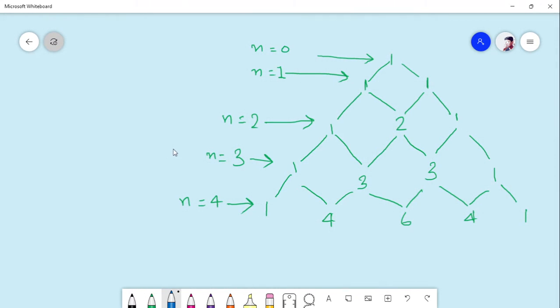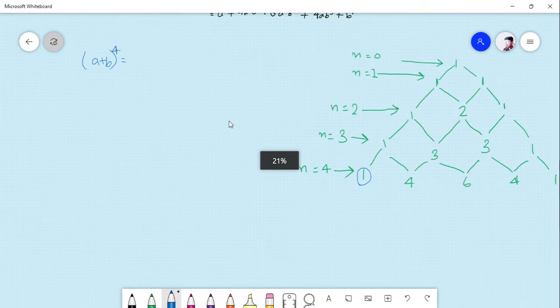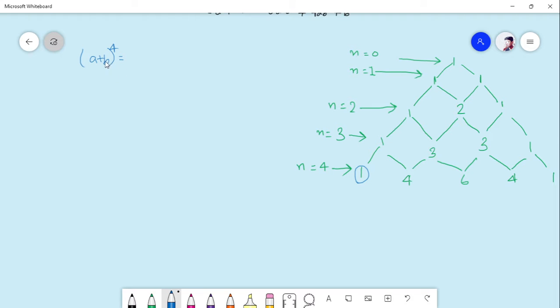Now, how do we do this? First, let's have a look. The first coefficient should be 1. The first term starts from the highest power and the second term starts from the lowest power. So a to the power 4 and b to the power 0, which is 1, and the coefficient is also 1.